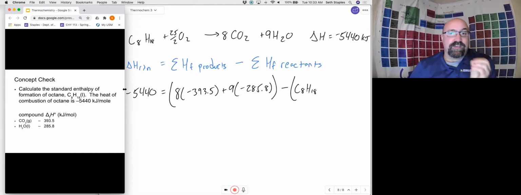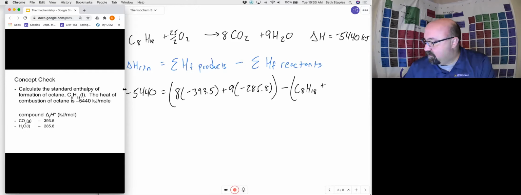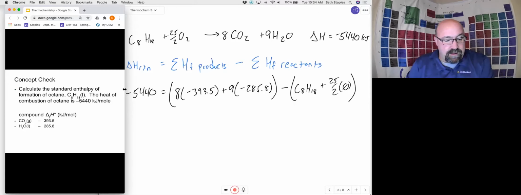We want the delta HF of our C8H18. And then plus our 25 halves times the delta HF of O2, but that's an element in its natural state, and so that's going to be 0. And so there's our setup there.